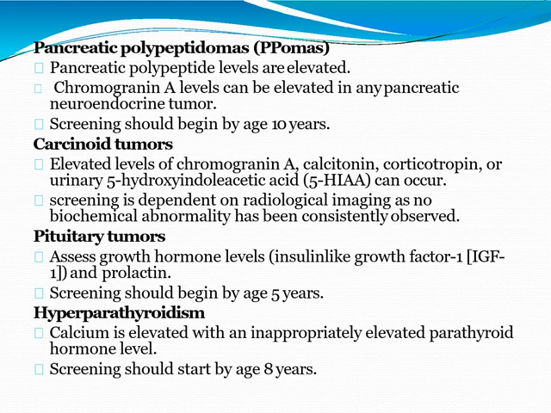Here screening is dependent on the radiological images, as no biochemical abnormalities have been consistently observed. Then pituitary tumors: you have to check growth hormone levels, insulin-like growth factor 1 and prolactin. And in hyperparathyroidism, calcium is elevated with inappropriately elevated parathyroid hormone levels.